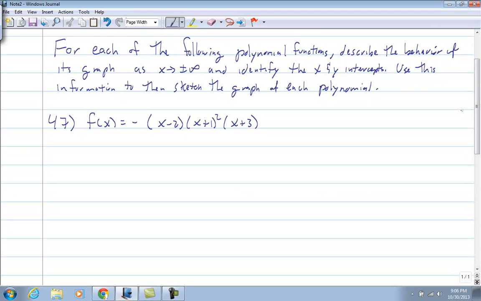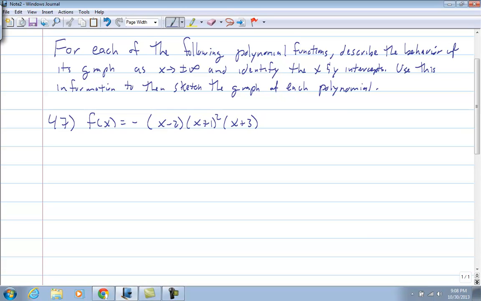Okay, so we have the negative out front, so that's our leading coefficient of -1. X minus 2 times x plus 1 squared times x plus 3. So x times x gives us an x squared, and with x, that's x to the fourth power as a general class that this is.